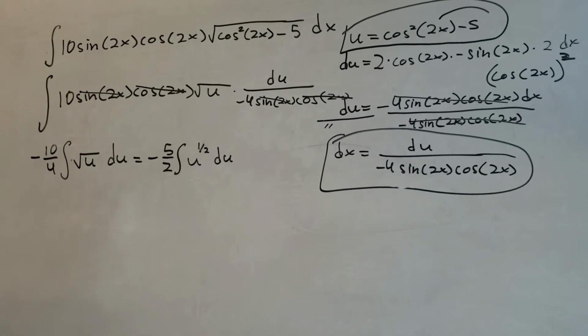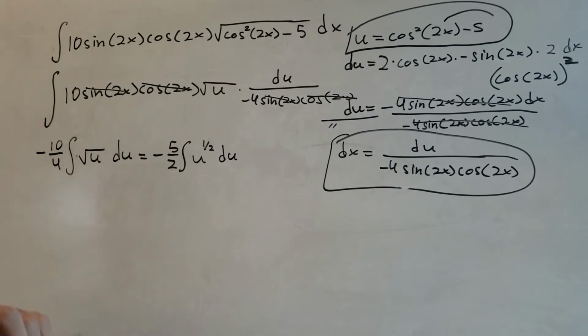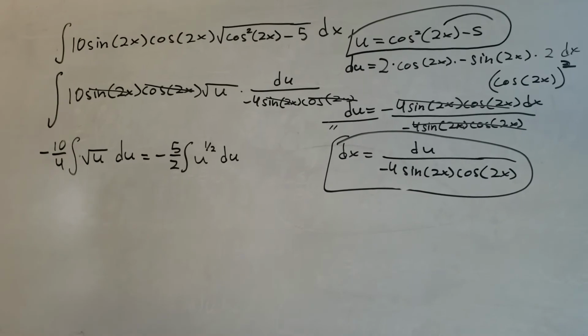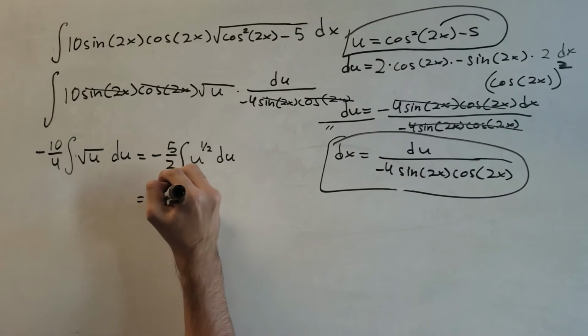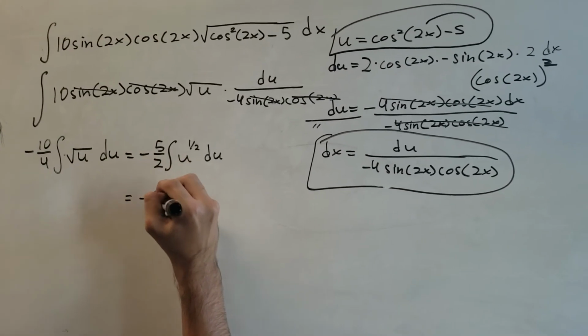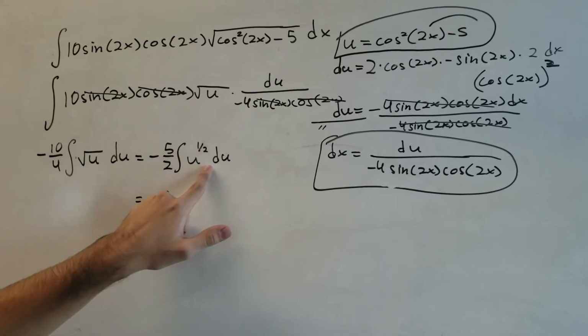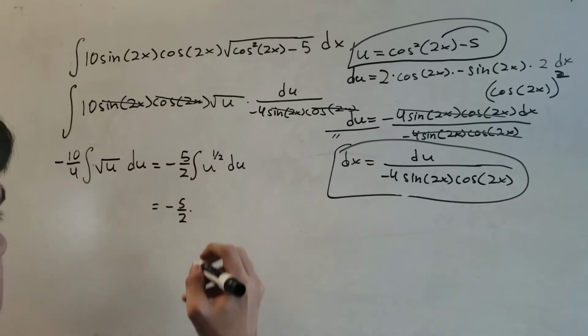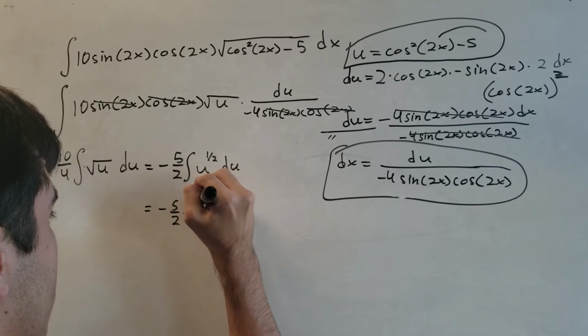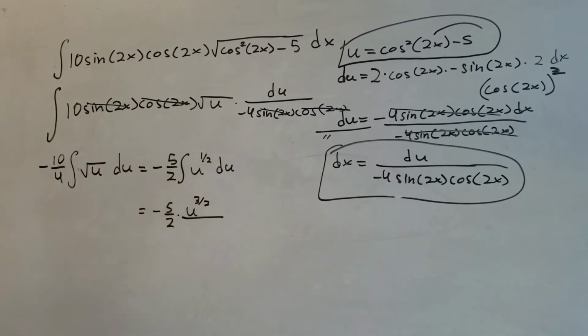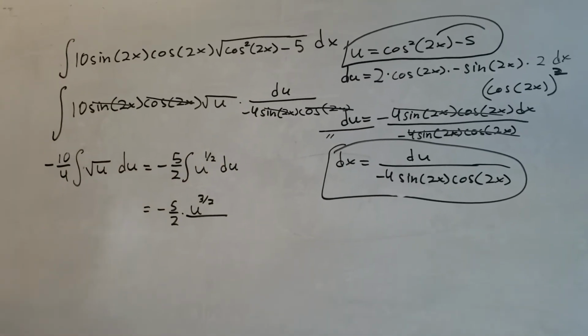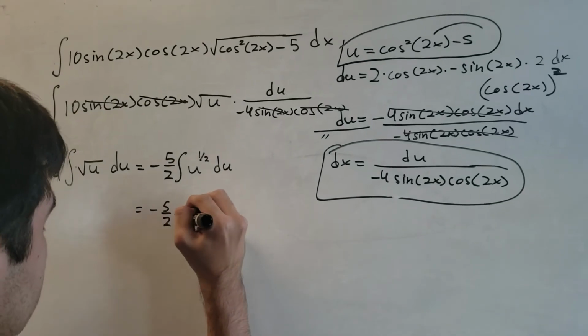Just use the reverse power rule for that one. So we add 1 to the exponent. So this is going to be negative 5 over 2 times, we add 1 to 1/2, so that's going to be 3/2. So it's going to be u to the 3/2 power divided by the new exponent. The new exponent is 3/2, so we're going to divide it by 3 over 2.